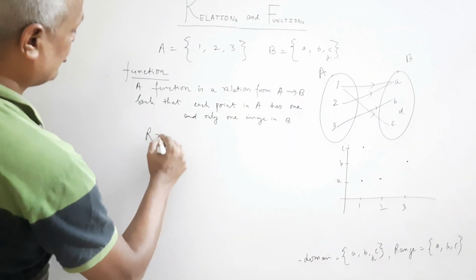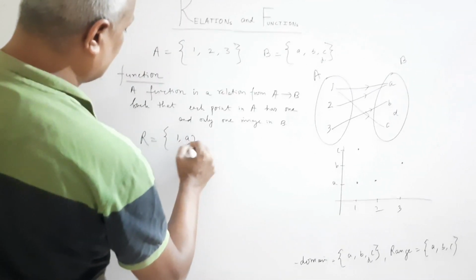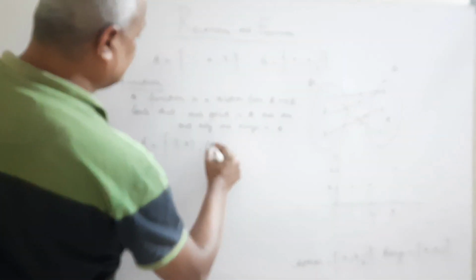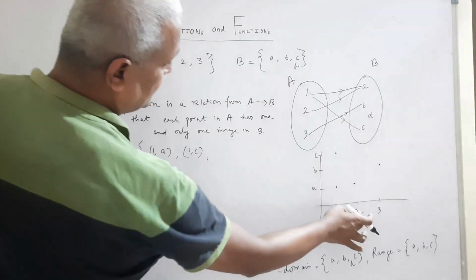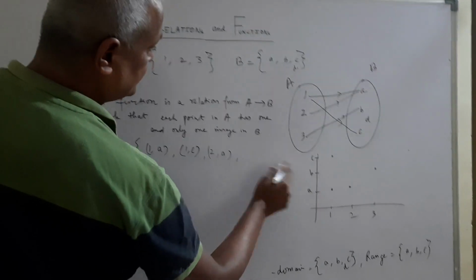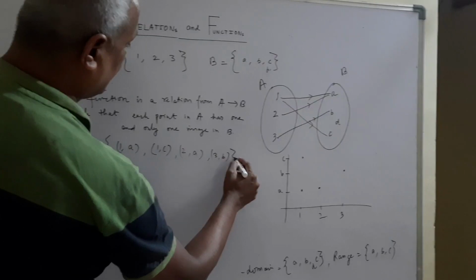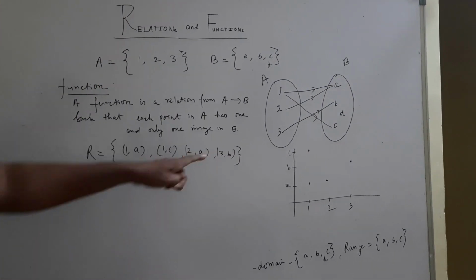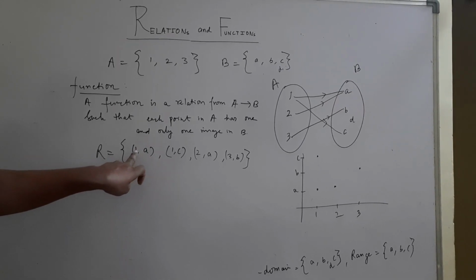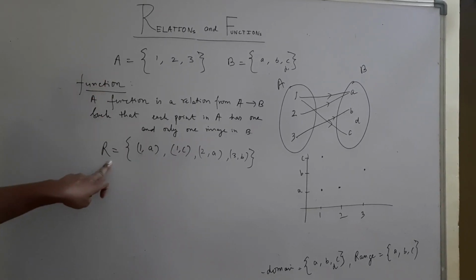Our relation R was 1A, 1C, 2A and then 3B. So now this is not a function, because 1 has two images, A and C. So by this definition, this relation is not a function.